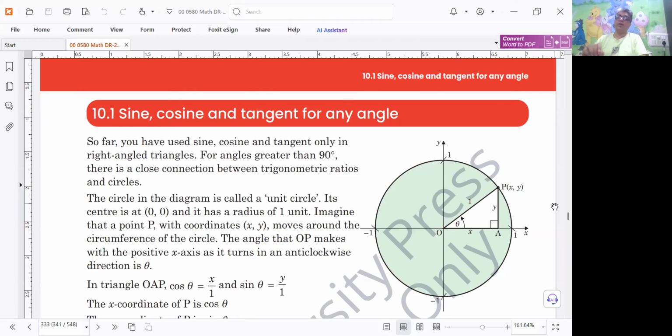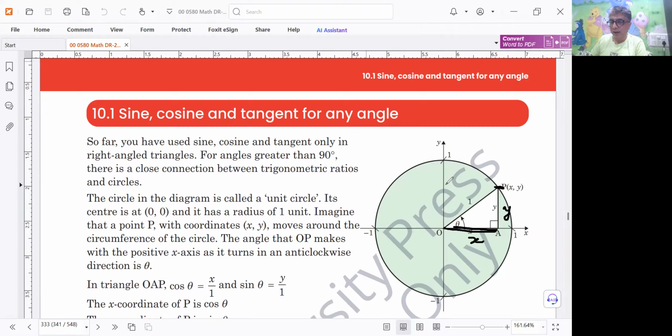Clear? Okay, chalo. So I'll again open the book. With the unit circle, what will happen? This is y. It is the distance from the x-axis. This point's distance from the x-axis is y. And this is the distance from the y-axis, which is your x.